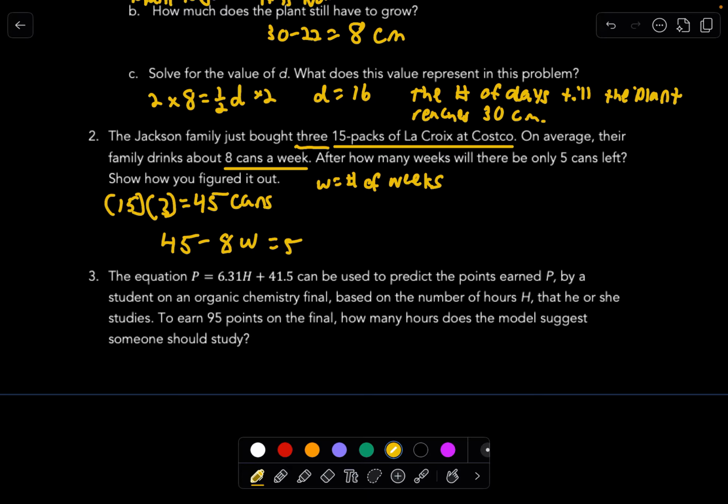This is an equation. How will we solve it? If you think about it, it would be 8W equals 45 minus 5. It's 40 cans. They have to drink 40 cans. That's the difference between 5 and 45. So this 8W has to equal 40 cans.